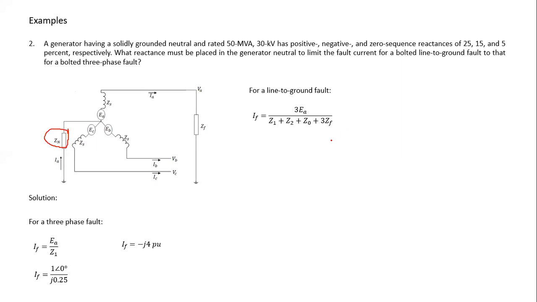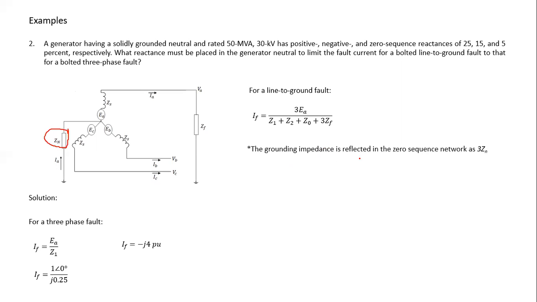Now, from our assumptions during the derivation of the unsymmetrical faults, the generator neutral impedance is represented in the zero sequence network as 3ZN.